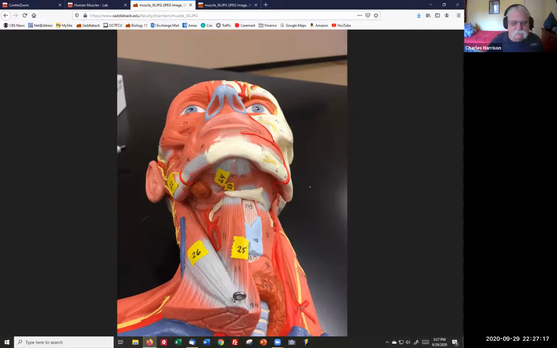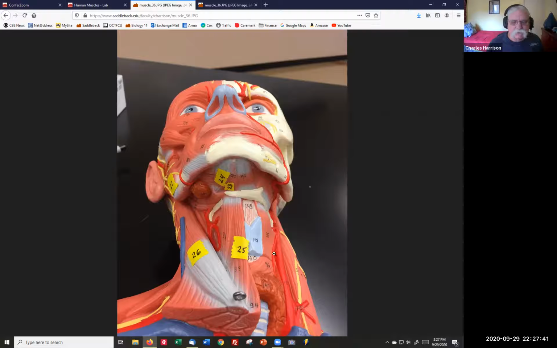And this large muscle here is running from the sternum to the mastoid process. There would be another one on the other side. And that gives that typical V that we see under our chin. This is the sternomastoideus.